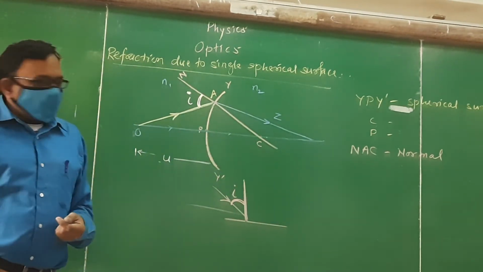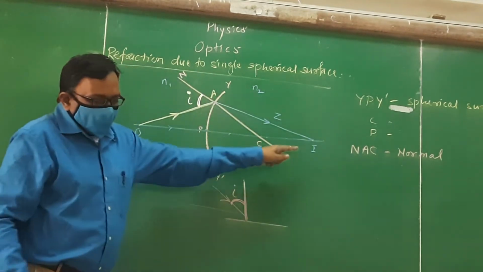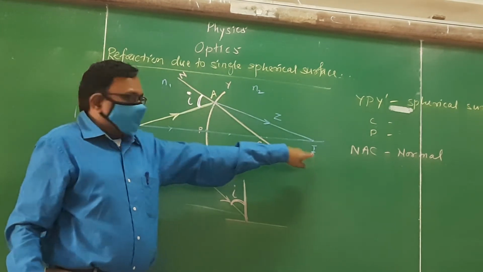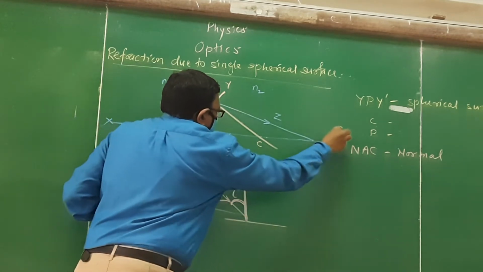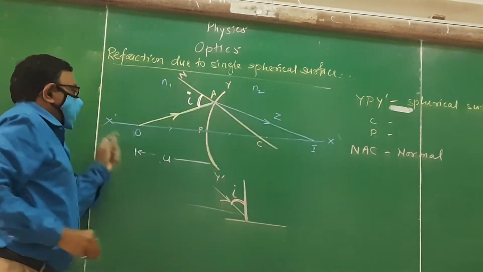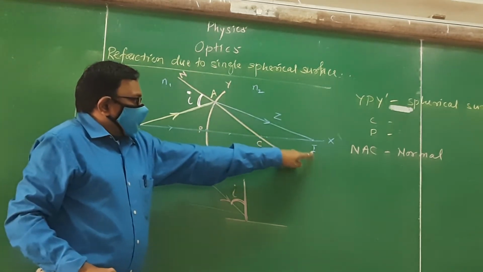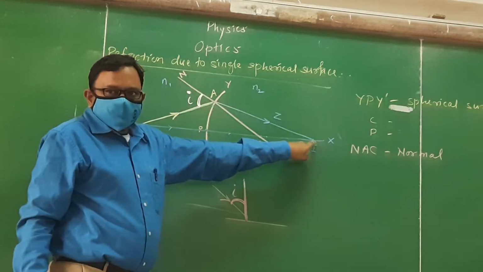At this point I, it produces its image. Here, XOX dash, the principal axis, I is produced here. At this section, we produce the image.